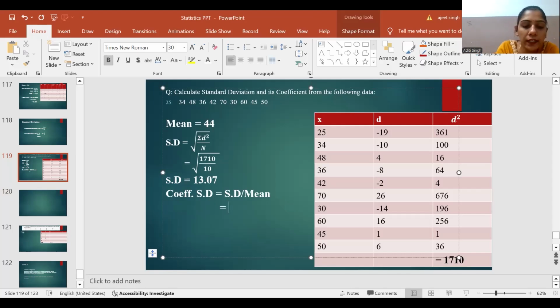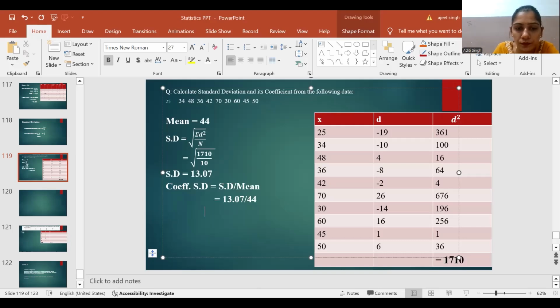The value of standard deviation is 13.07, divided by mean, the value of mean is 44. Let me calculate the value first. 13.07 divided by 44. So the answer is 0.297.